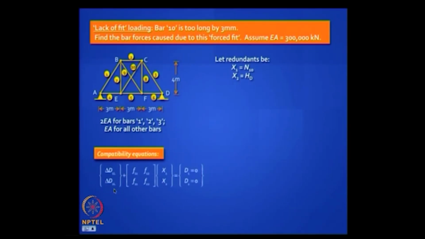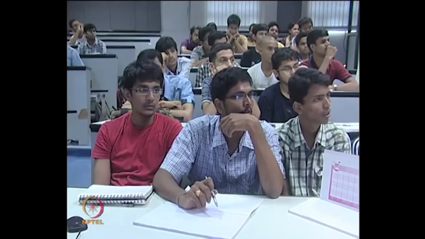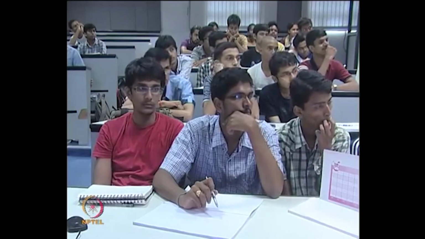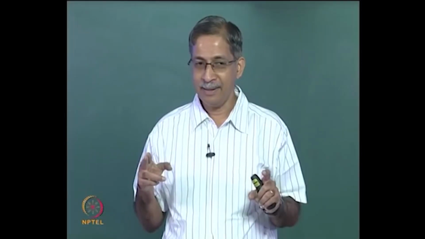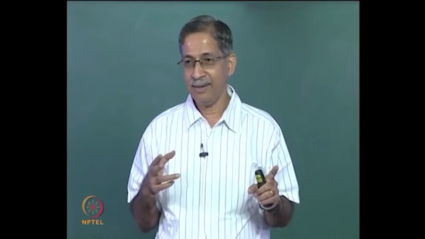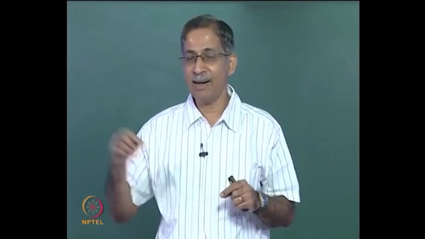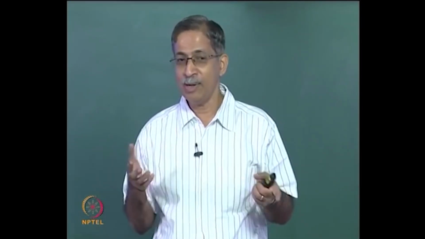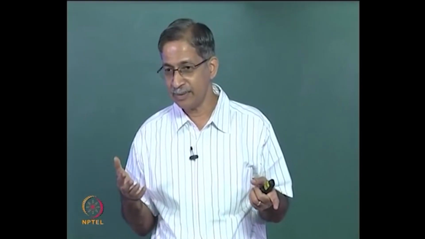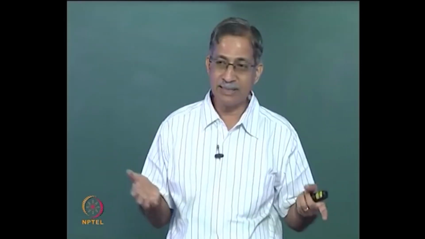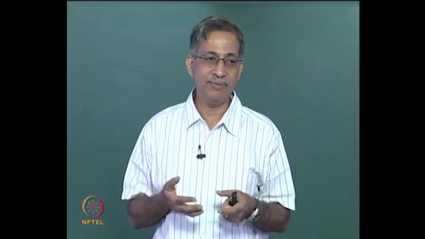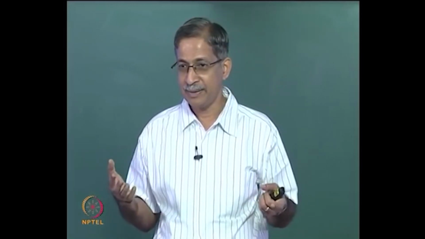In which structure? In the primary structure. So take the primary structure where you have a roller supported D and that bar 10 is cut, and then you allow this bar 10 to be too long by 3 mm. Will you have any forces in the system? No, because it is just rigid, it is statically determinate, you will have no forces.